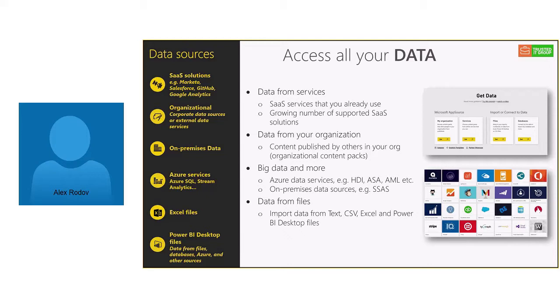These are the different services you can use to bring the data in, such as Azure, Excel files, or the Power BI desktop. It may sound like too much for some, but I'll show you the exact data sources that we can bring in.